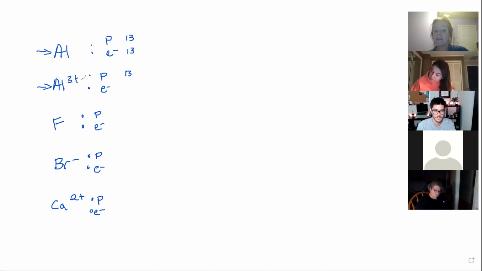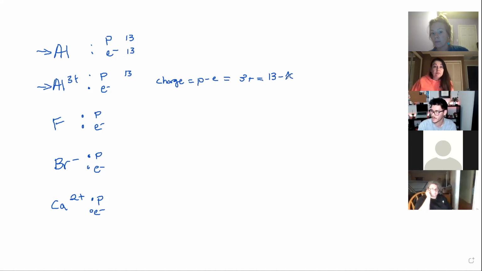If we have a charge, then we're going to have a difference in the number of electrons. So my charge is always going to equal protons minus electrons. So charge is a 3+. That is going to equal the number of protons, which is 13, minus some value x, right? The value x here being 10.